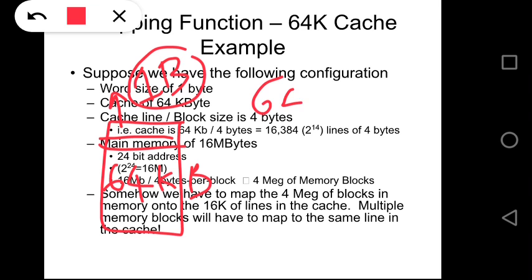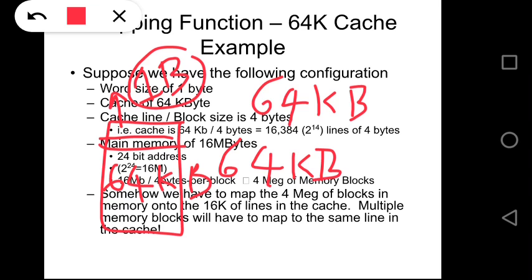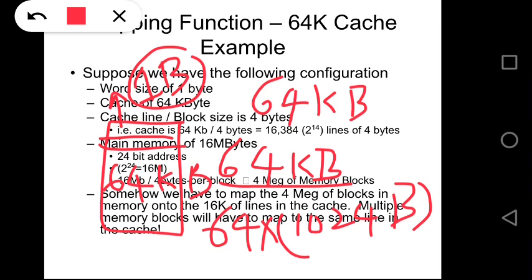How to understand this? 64 KB means 64 kilobytes, and KB means, you know that, 1024 bytes. So KB can be written as 1024 bytes.